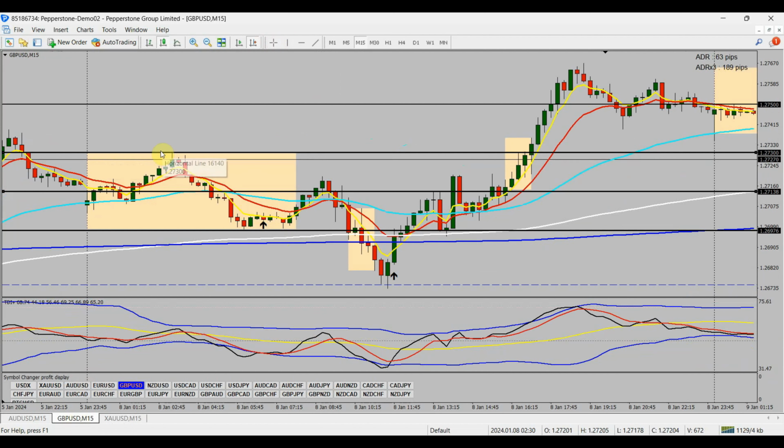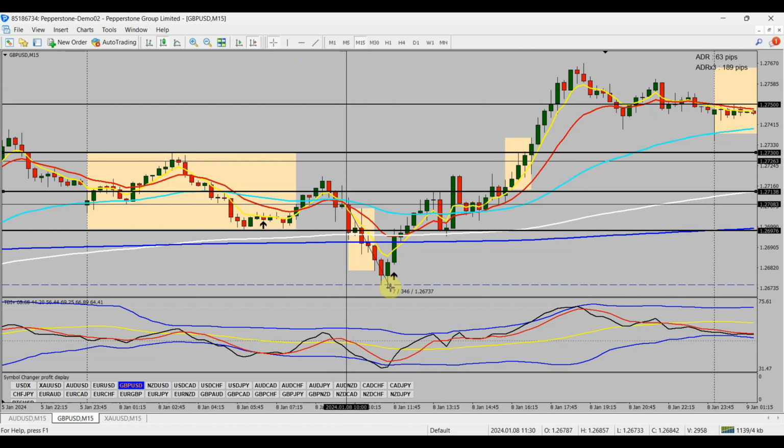Once again, we have our Asian high, we have our Asian low, and we have our midline. When price came out of the Asian session, what did it do? It came up to the Asian midline, and then we had our beautiful trade setup, our 513 cross to the downside, RSI trading below the market baseline, and then we had our 30 pips to capitalize on.